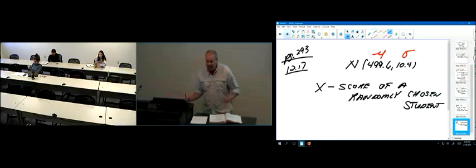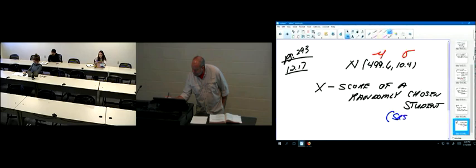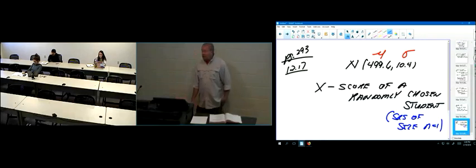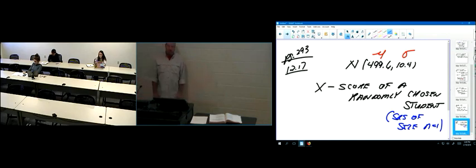If you want me to put it in fancy language for you, it's an SRS of size 1. You number all the students, you give them all labels, and then we pick one out at random, right? So if you want to think about a randomly chosen student, you're choosing an SRS of size 1.